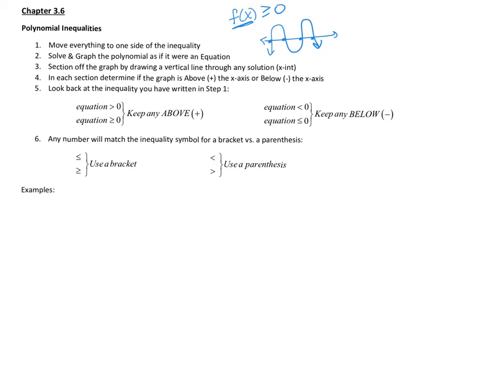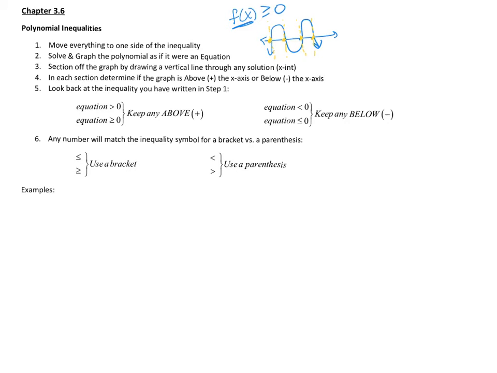An inequality now means we're going to take this and add in boundaries. What I mean by that is we want to think about these x values, these x-intercepts, as boundaries, and we're going to partition off this graph.